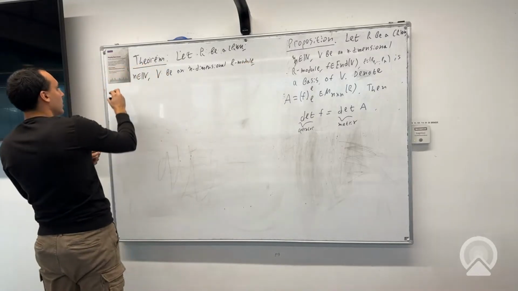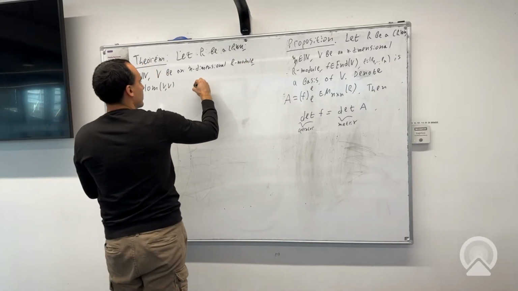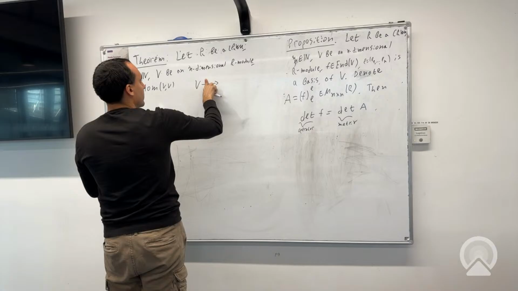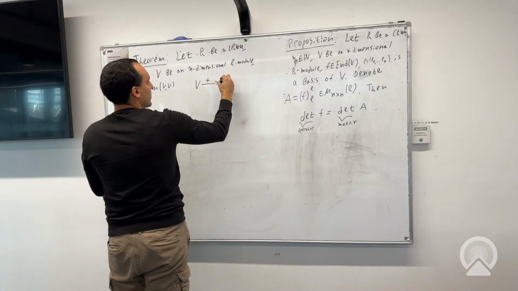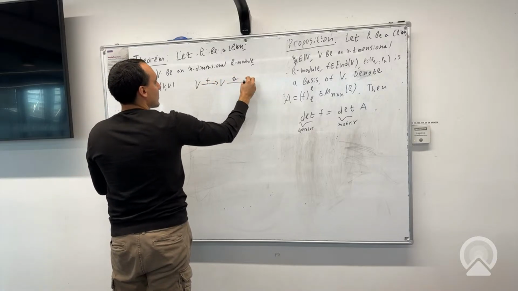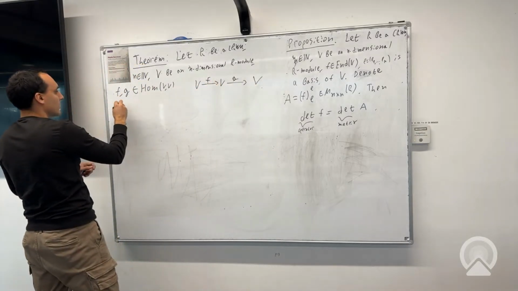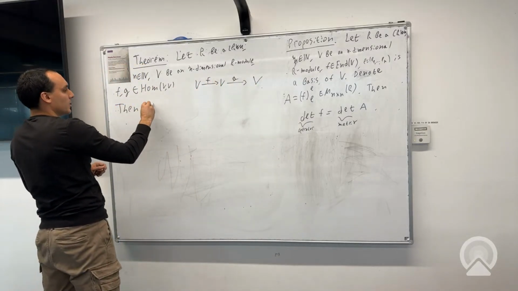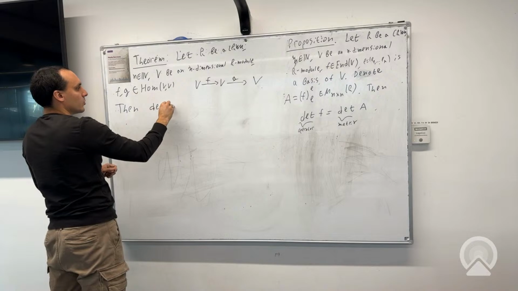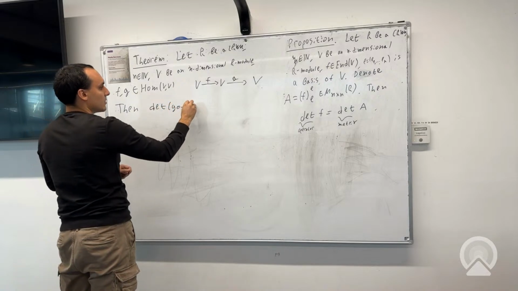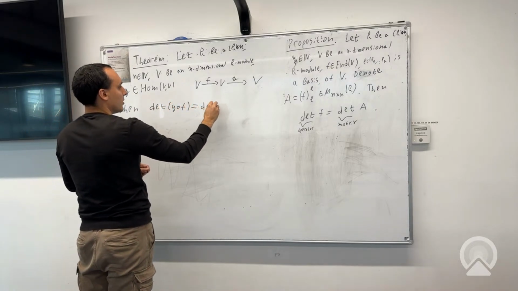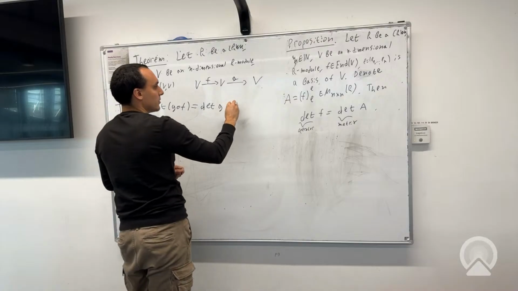And F, so we have V, F, V, and then G, again to V. Then the determinant of G composed with F is the determinant of G times the determinant of F.